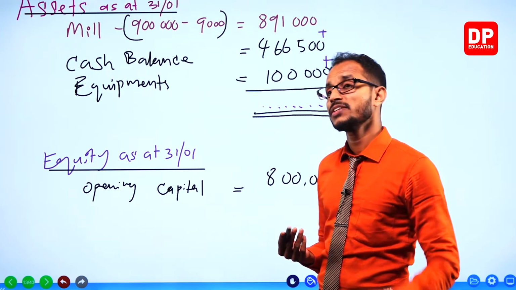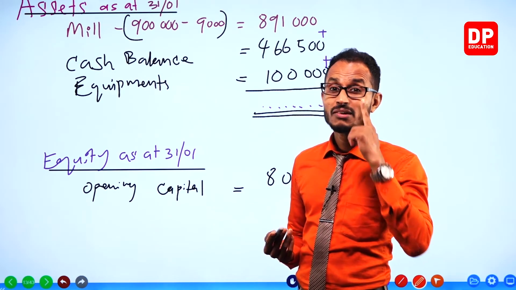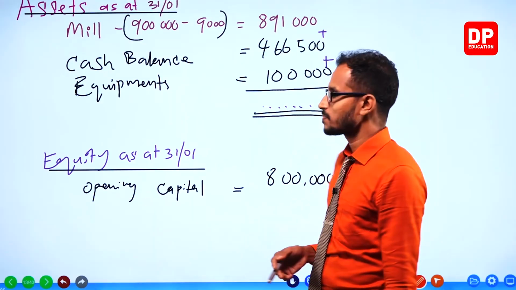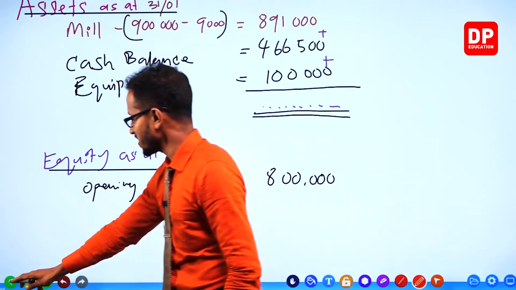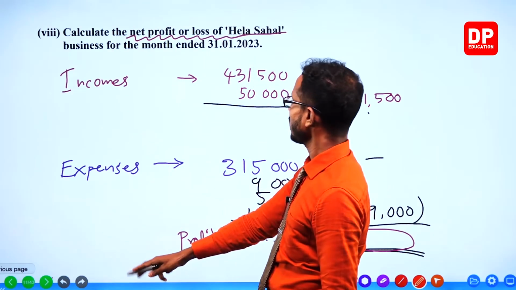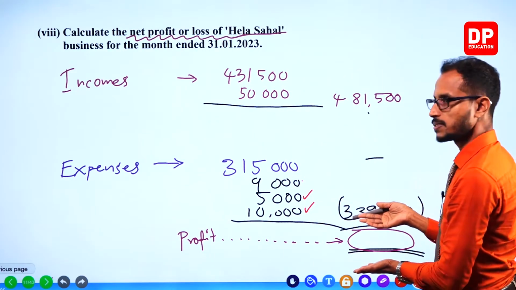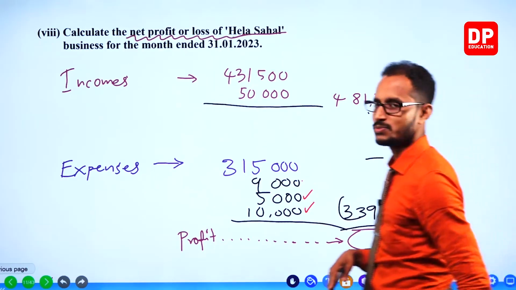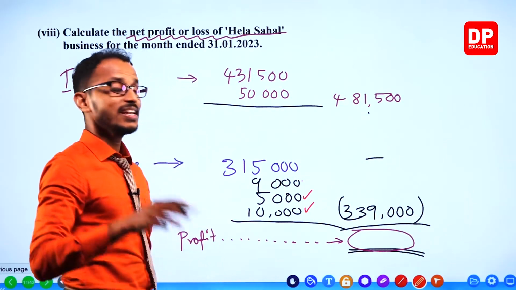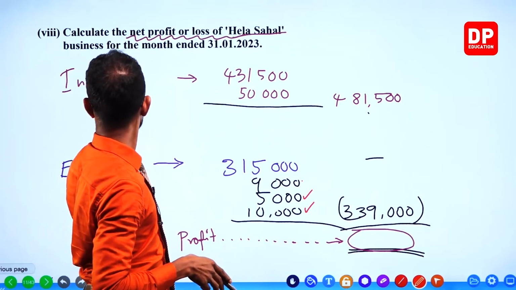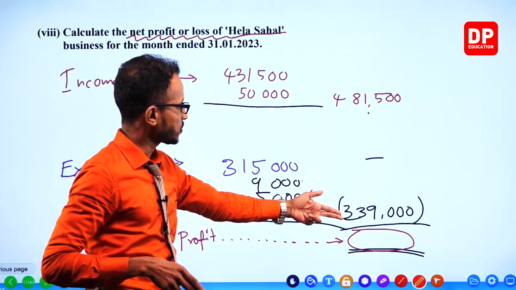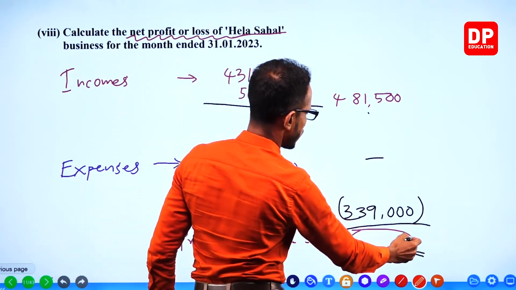Where is the net profit? We calculated the net profit. Where? Voila. Where is it? We didn't do the calculation. I left it to you. Income minus expenses. Let's do it now.